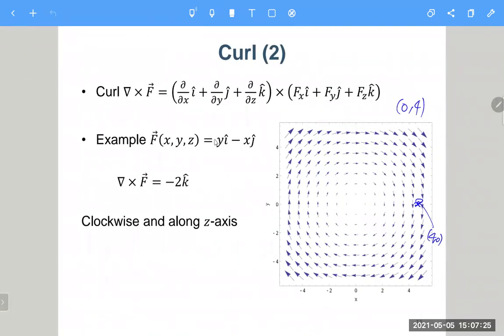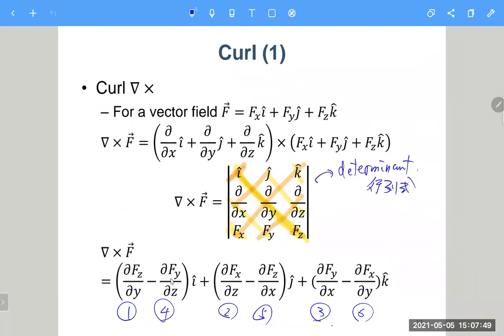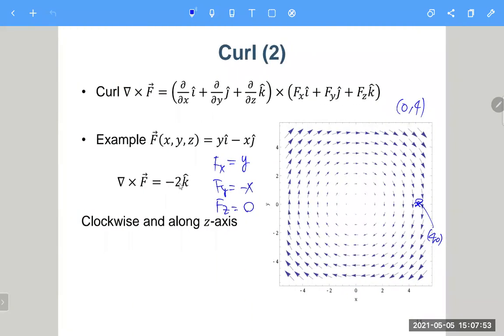You have fx equals y, fy equals negative x, fz equals 0. You can plug these three values in and calculate it out. You can find that it should be minus 2k hat.